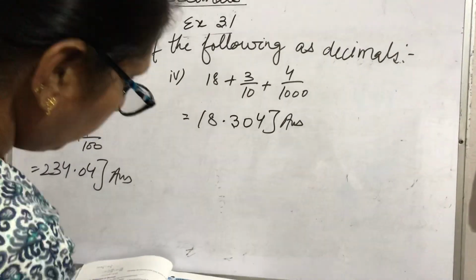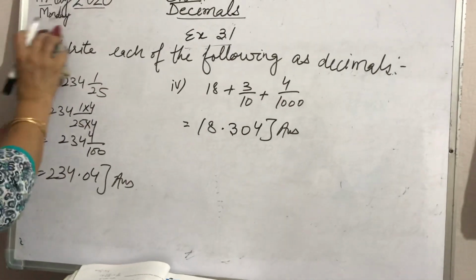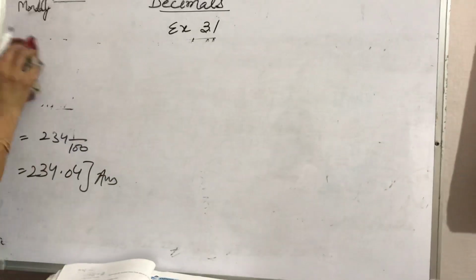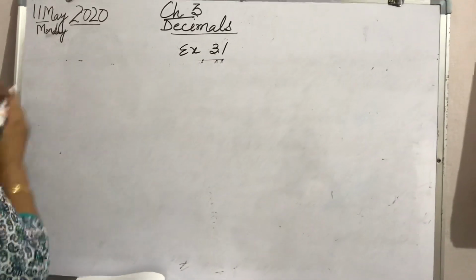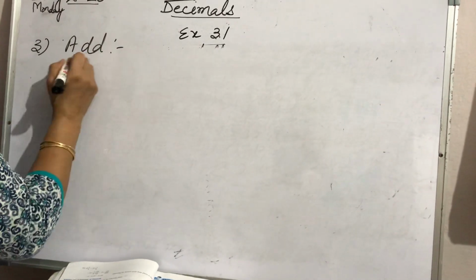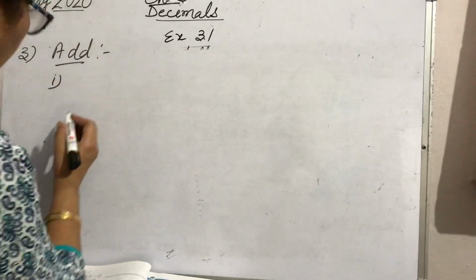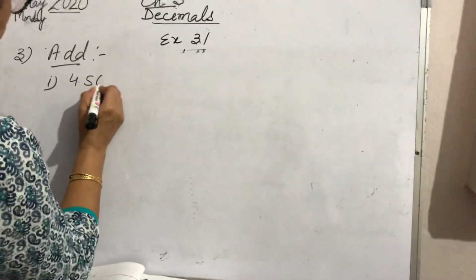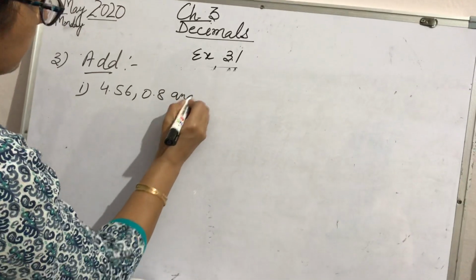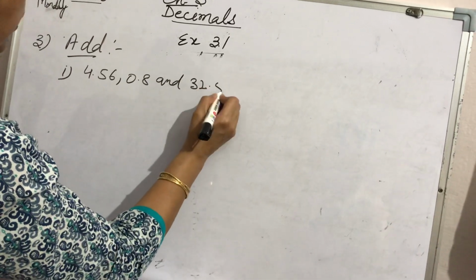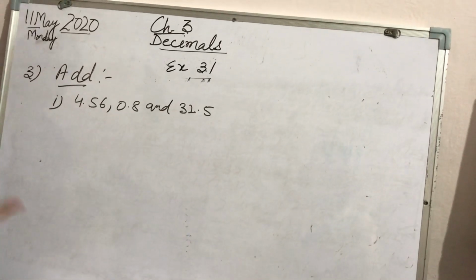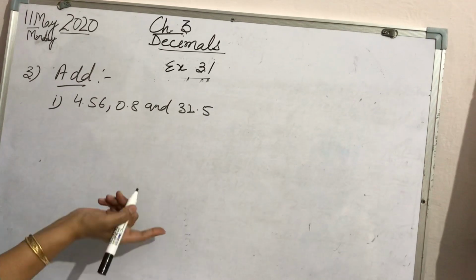Then question number 3. Find the sum. Add. First part: 4.56, 0.8 and 32.5. While adding, subtracting or comparing, we first have to convert into like decimals.